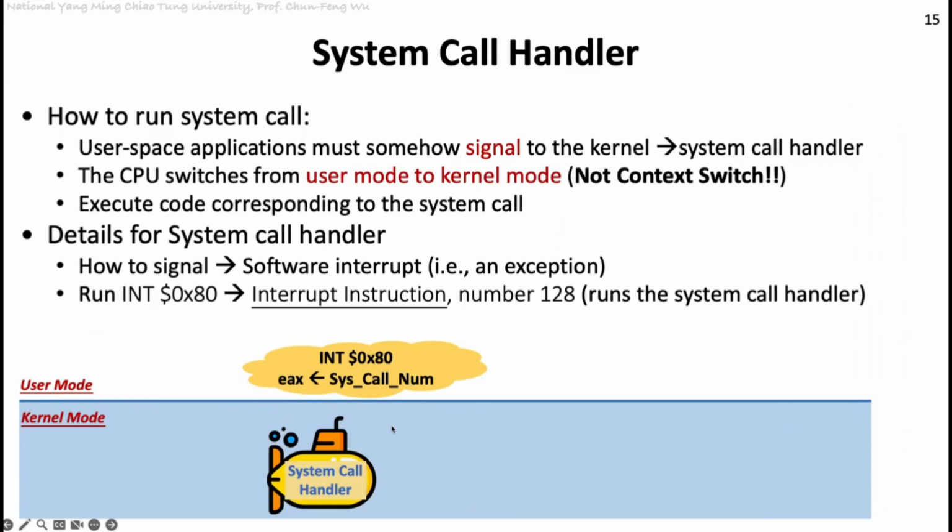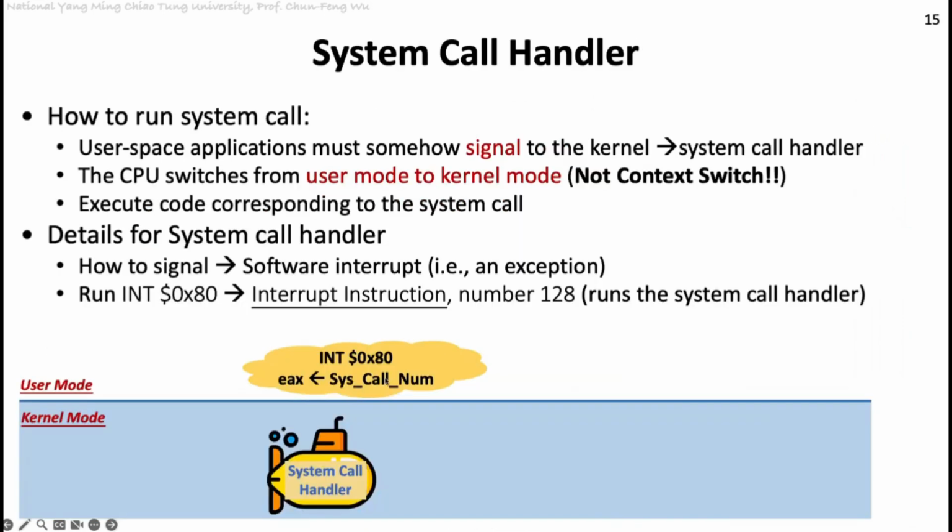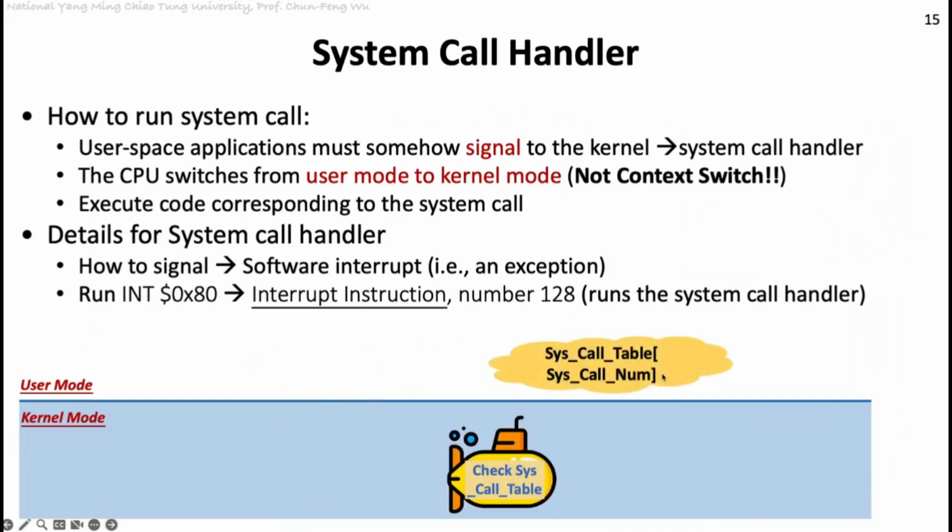As our prior slides mentioned, for example, system call 0 means read and system call 1 means write. If you put system call number 0 in EAX, the kernel will check what that number is for inside the system call table. If it is linked to the write operation, the kernel will run the corresponding handler, for example the write handler, to write something.